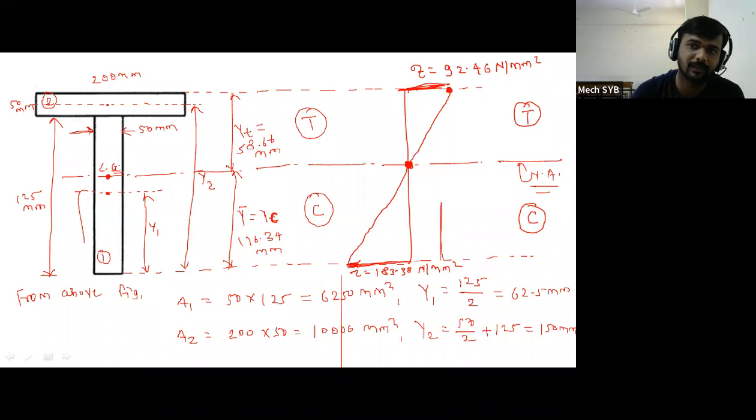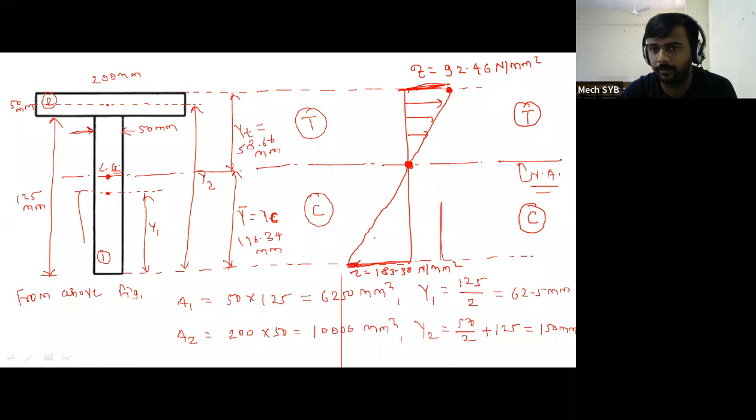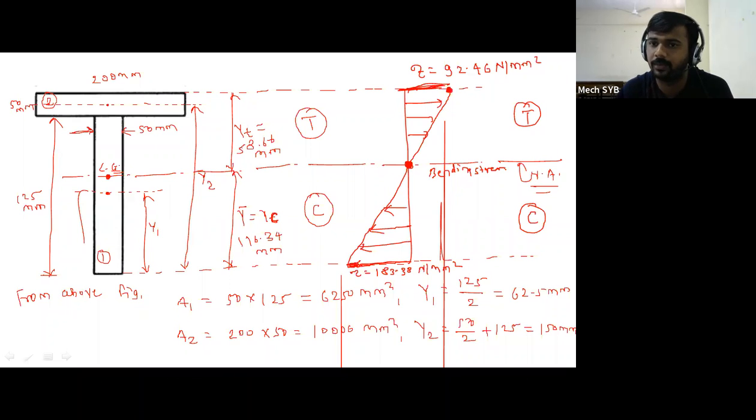So this is the reason. Draw the stress distribution diagram. So this is your bending stress distribution diagram. Give the heading to this diagram, that is bending stress distribution diagram.